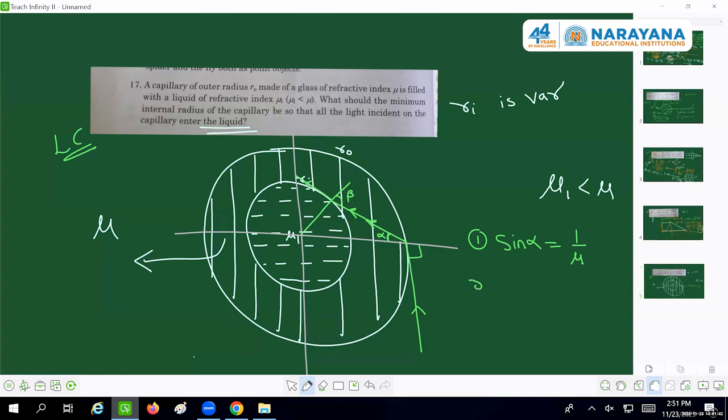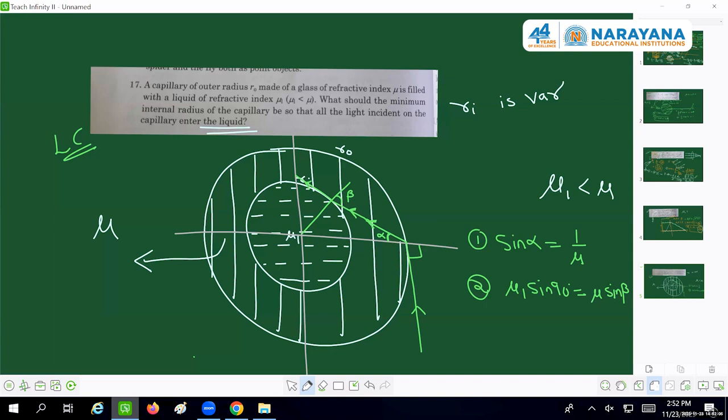Now, if this happens, that is the second equation, which is mu1 into sine 90 equal to mu into sine beta. Just observe this, and then I will also explain why this is the combination that I am considering.